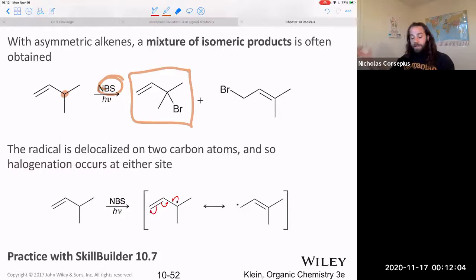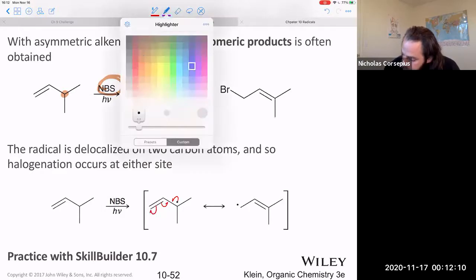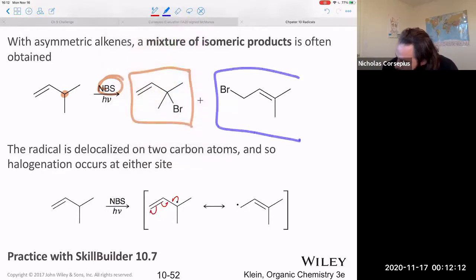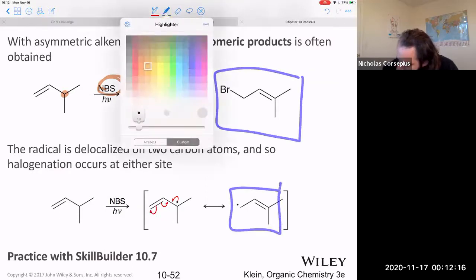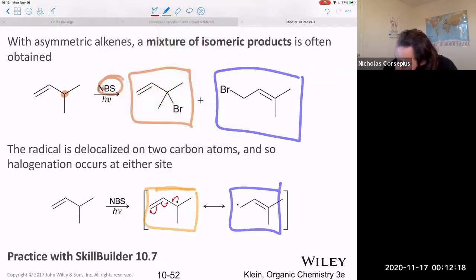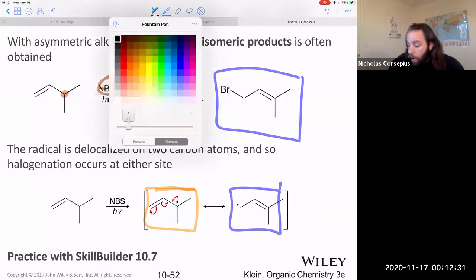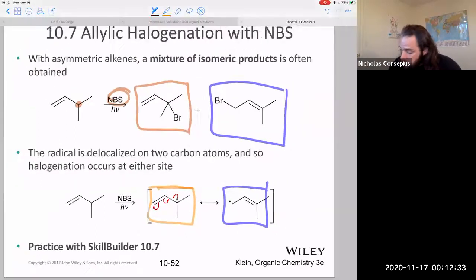Now this can go on and react with Br2 just like the other radical did, creating this product here. This is what comes from this radical, whereas the first one came from what I would expect given the original position of my double bond. You have to watch out for these resonance contributors and whether they give you a different product. That's not always the case.